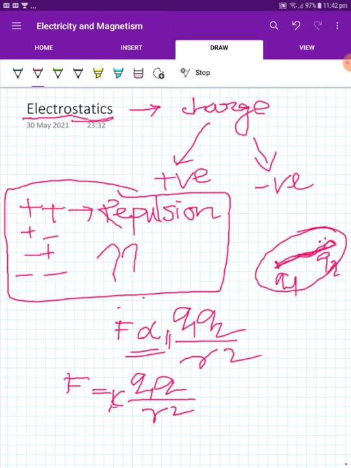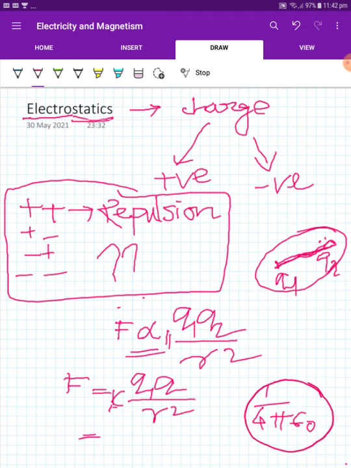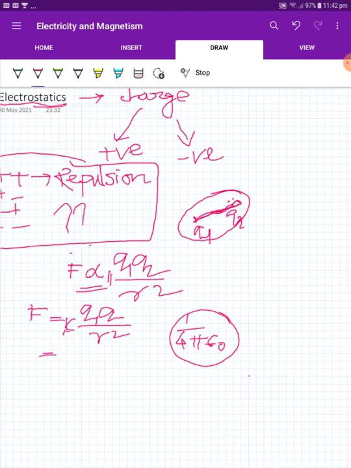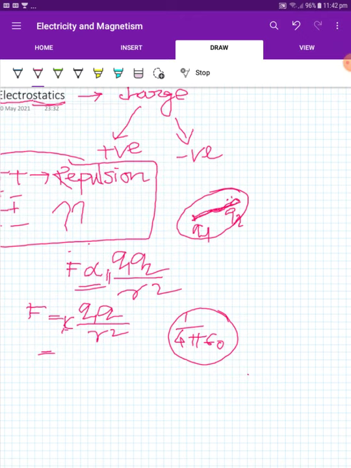In CGS this K is 1 and in SI this K is 1 by 4 pi epsilon naught, where epsilon naught is the electric permittivity of the medium. Now it has a unit Coulomb square per Newton per meter square and has its value in free space.